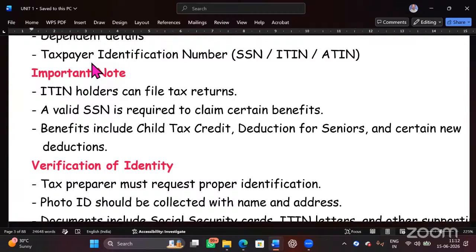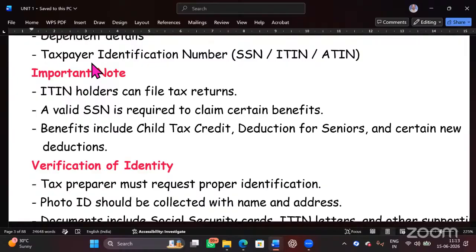Schedule 1 is about adjustments. Schedule 2 is about different types of other taxes in addition to income tax. Schedule 3 is about tax benefits, meaning tax credits. These tax credits are so many. Basically, they are covered in Schedule 3.